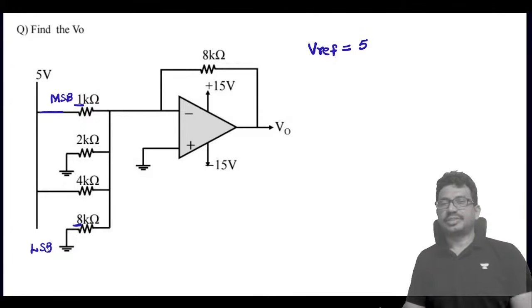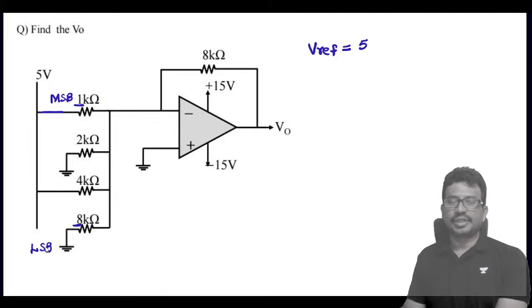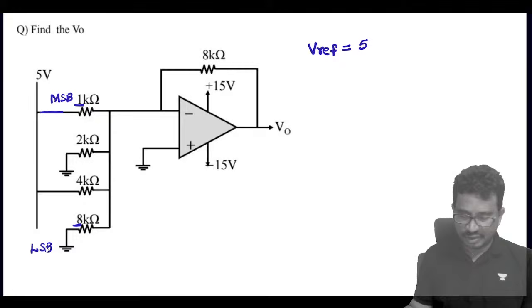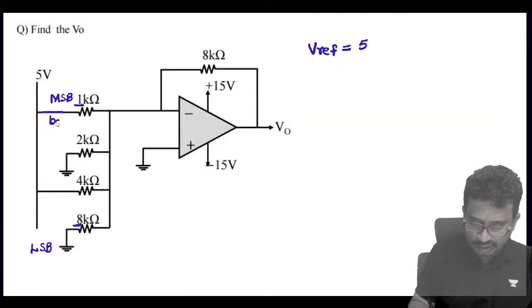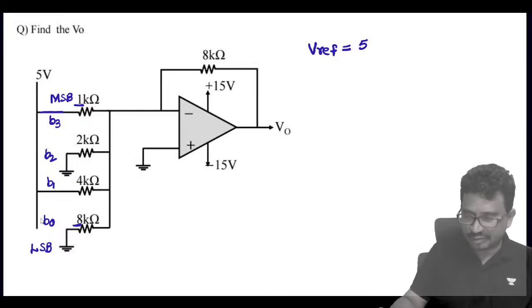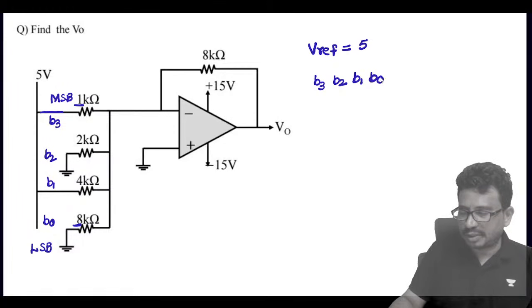High resistance is LSB. Low current, high resistance. So here we can say this is B3, this is B2, B1 and that is B0. How much is this value, tell me now, B3, B2, B1, B0? This is 1, 0, 1, 0.